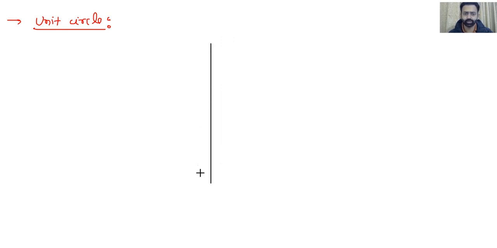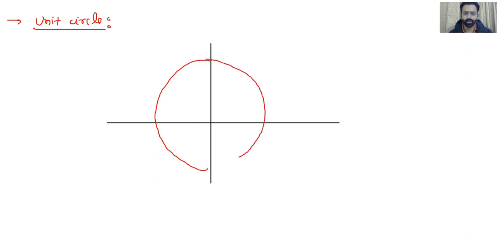I will extend this concept to any circle of radius r. So let us say I have this circle. Suppose this is our circle, this is our natural origin, this is the x-axis, this is the y-axis, and so on.